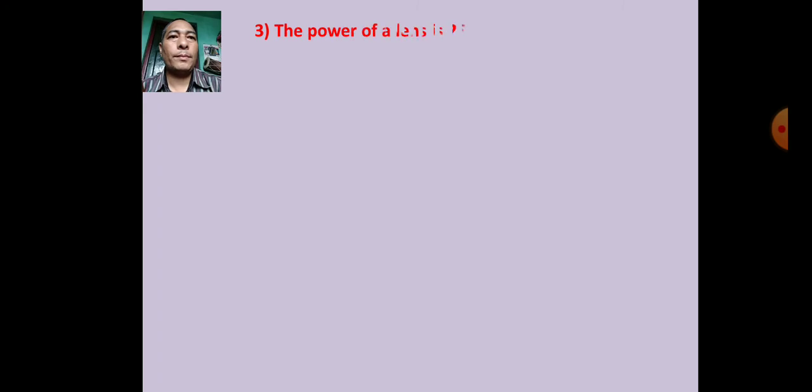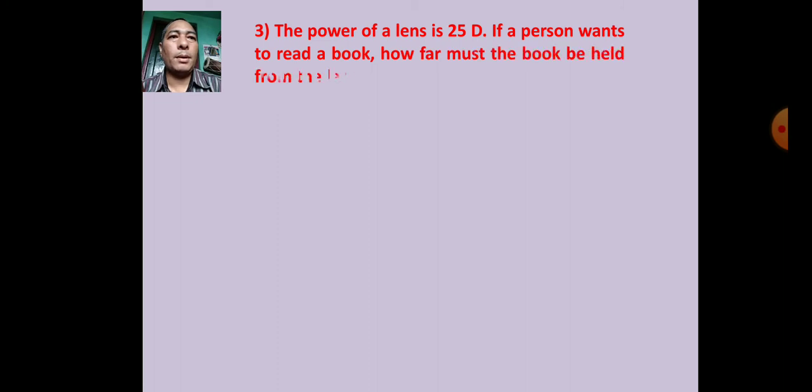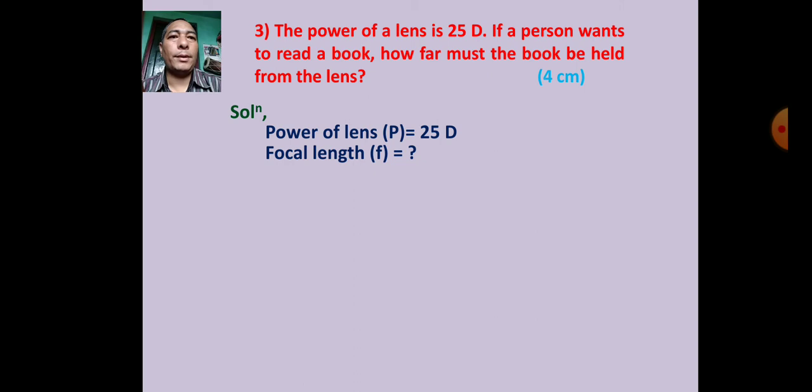3. The power of a lens is 25 diopter. If a person wants to read a book, how far must the book be held from the lens? Solution. Power of lens P equals 25 diopter. Focal length f equals what?